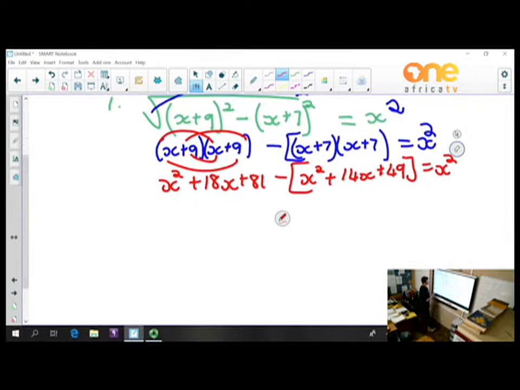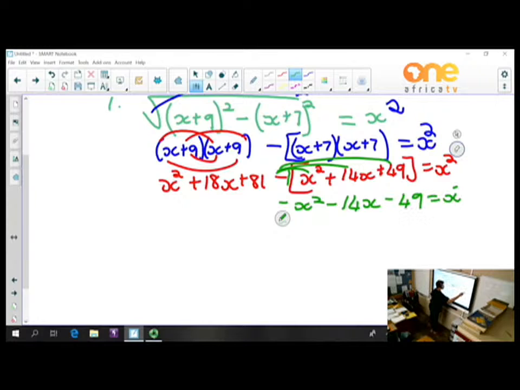Quite a large sum. Now here all the signs are going to change because I multiply a negative 1 in each one there. So then it is negative x squared, negative 14x, negative 49, which is equal to x squared. Okay, so this x squared and this one will cancel out. And I'm going to take them all over to the other side. So 0 is equal to, so that x squared remains now there.